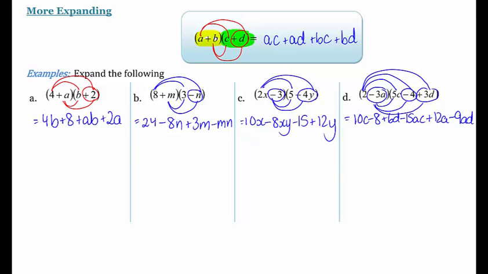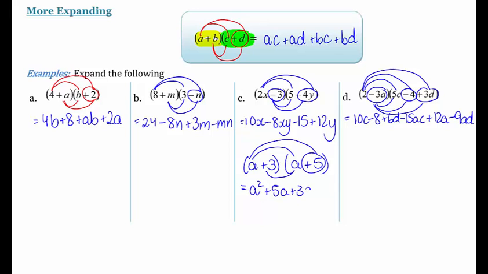Now just to throw another one in here, if I had a plus 3 and a plus 5, if I was expanding that, I'd have a times a is a squared. A times positive 5 is plus 5a. 3 times a is plus 3a. 3 times positive 5 is plus 15.